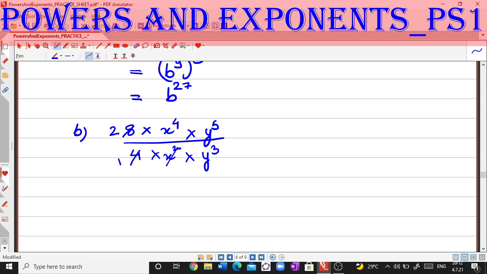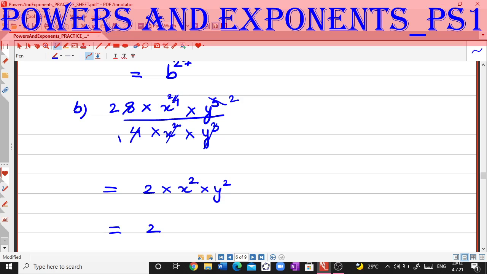So this will be cut, and here the power will become 2. Again y to the power 3 will be cut from below, and here the power will become 2. So whatever is left is 2 multiplied by x square multiplied by y square.